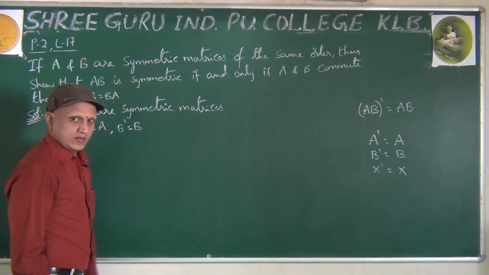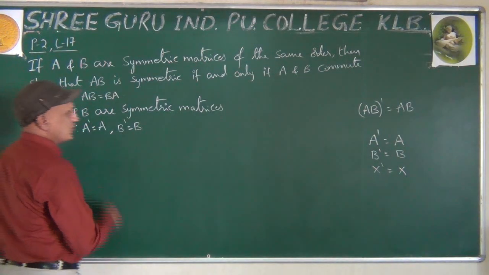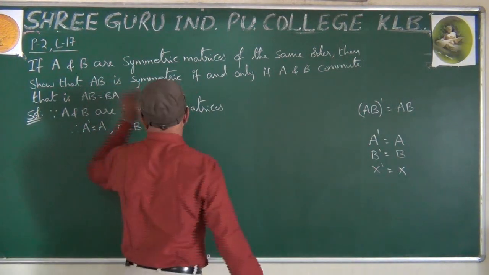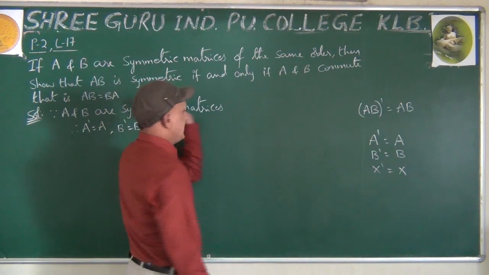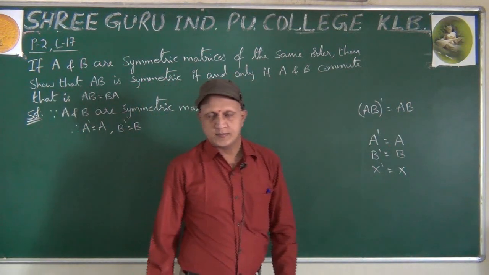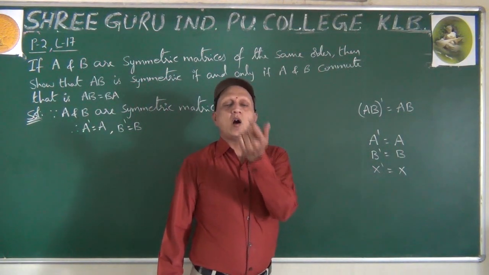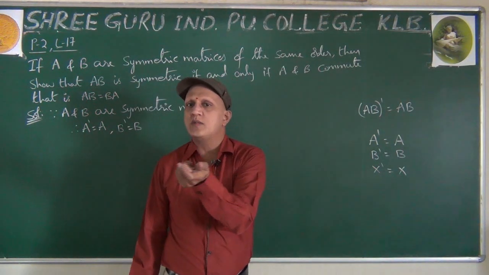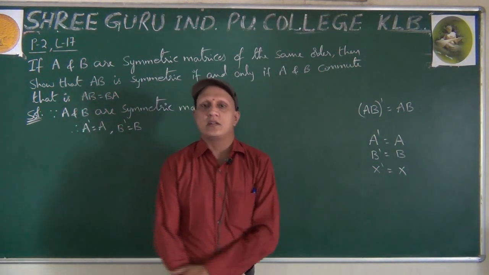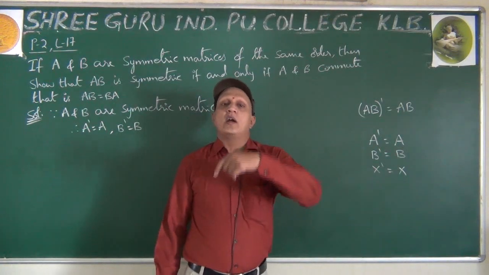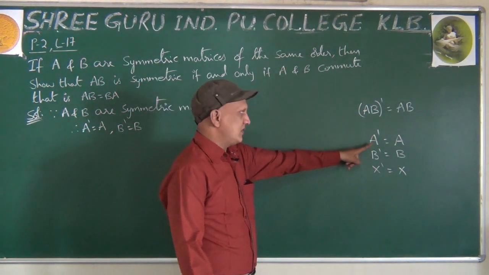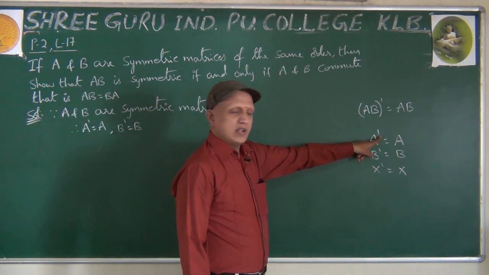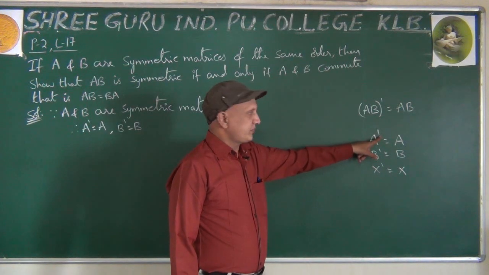Next, what we have to prove? We have to prove that AB is a symmetric matrix. How can we prove that a given matrix is a symmetric matrix? We have to find the transpose of that.